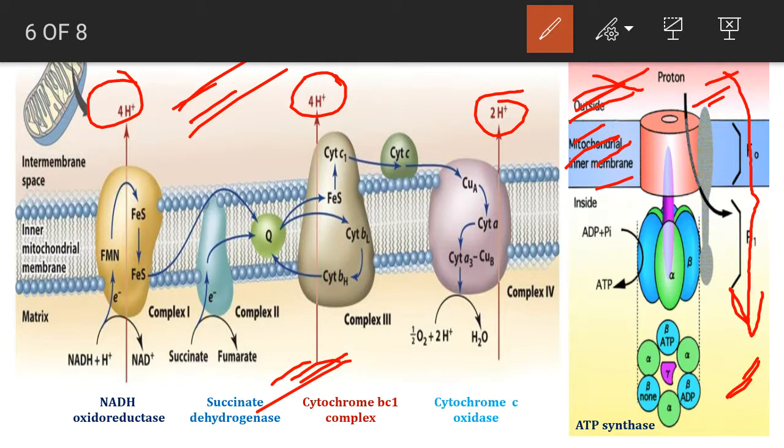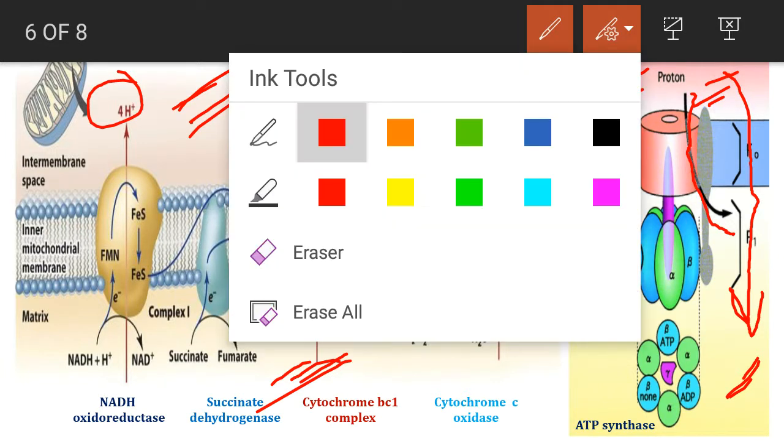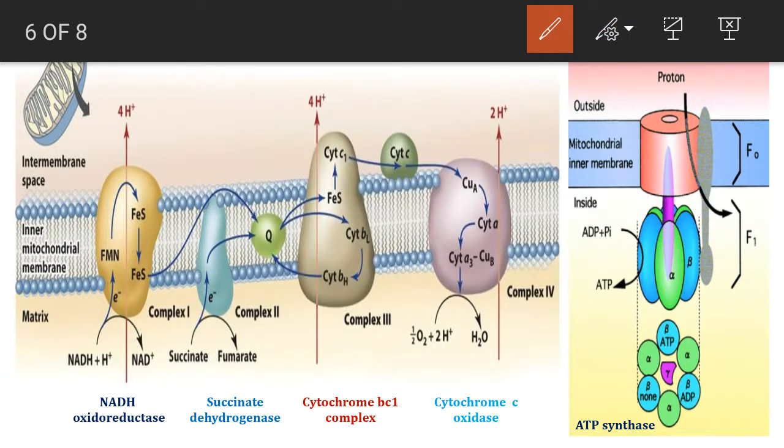That's why it is known as chemiosmosis, because a chemical potential, that is a proton potential, is developed, and because of that proton potential, the protons will try to transfer from the intermembrane space toward the matrix via an enzyme complex known as ATP synthase.